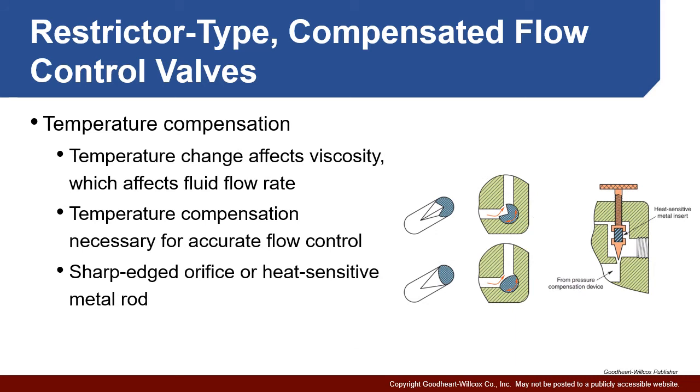In addition, there are a couple of different devices that compensate for temperature. Essentially, we know that as temperature goes up, viscosity goes down, and you're going to get more flow. So there are these devices known as sharp orifices. They're actually cut right into the material of these shapes in here.